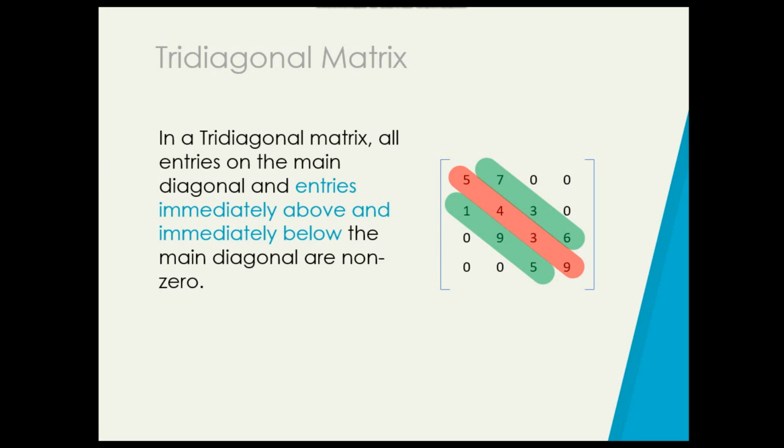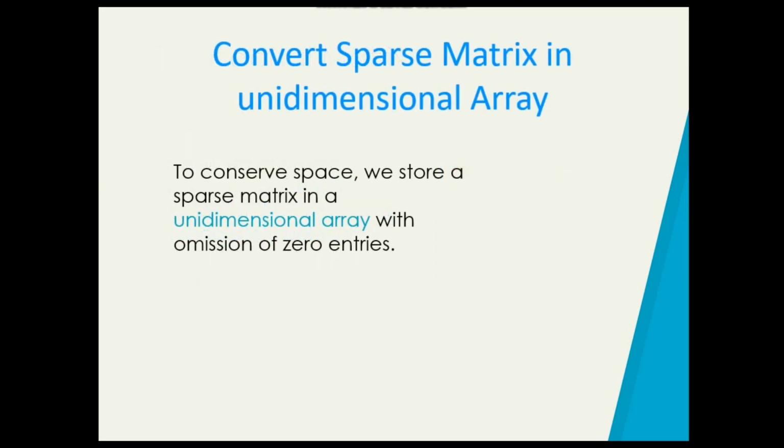But first, we need to know why we have to convert a triangular matrix into a unidimensional array. When a sparse matrix is represented with a two-dimensional array, we waste a lot of space to represent that matrix. For example, we consider a matrix of size 100 by 100 containing only 10 non-zero elements.